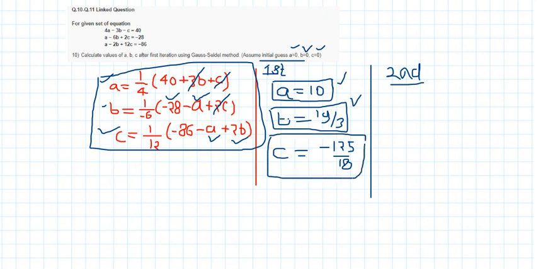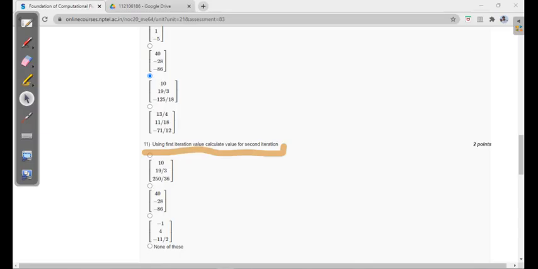So we will put the values of A, B, C here, and we can calculate the values of A, B and C. So on calculation, the correct answer is none of these.